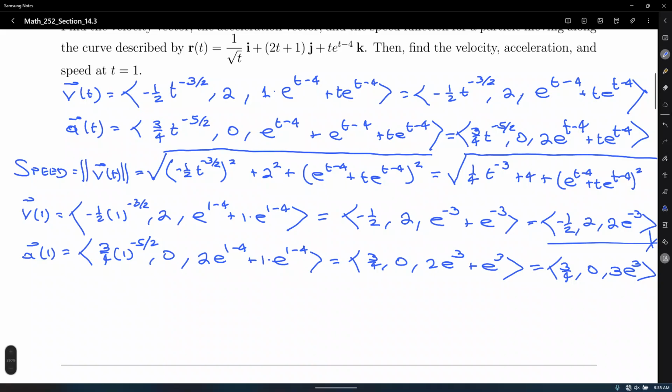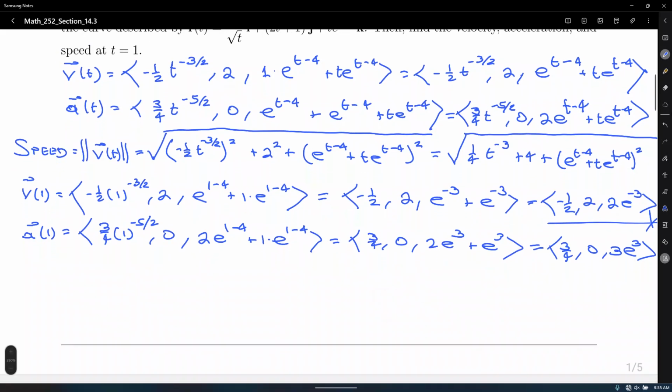What else do we need? The speed, which is the magnitude of the velocity. Again, they're not the same result. While the velocity is a vector, the speed is a scalar. Okay? So speed, v at 1, that's the square root of all this madness evaluated at 1.